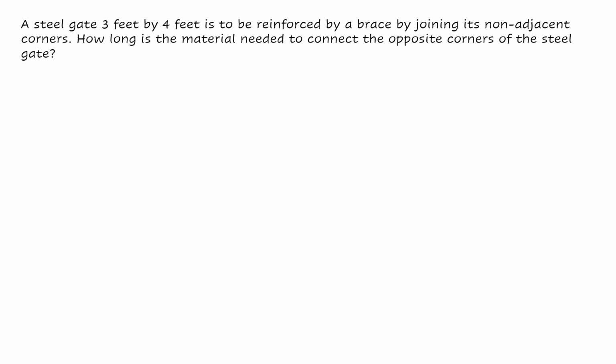Next question. A steel gate 3 feet by 4 feet is to be reinforced by a brace by joining its non-adjacent corners. How long is the material needed to connect the opposite corners of the steel gate?